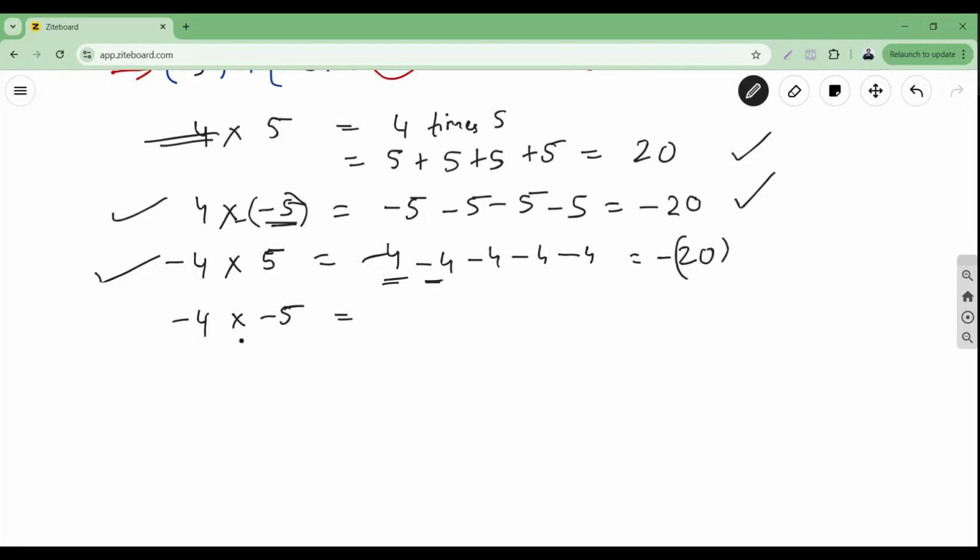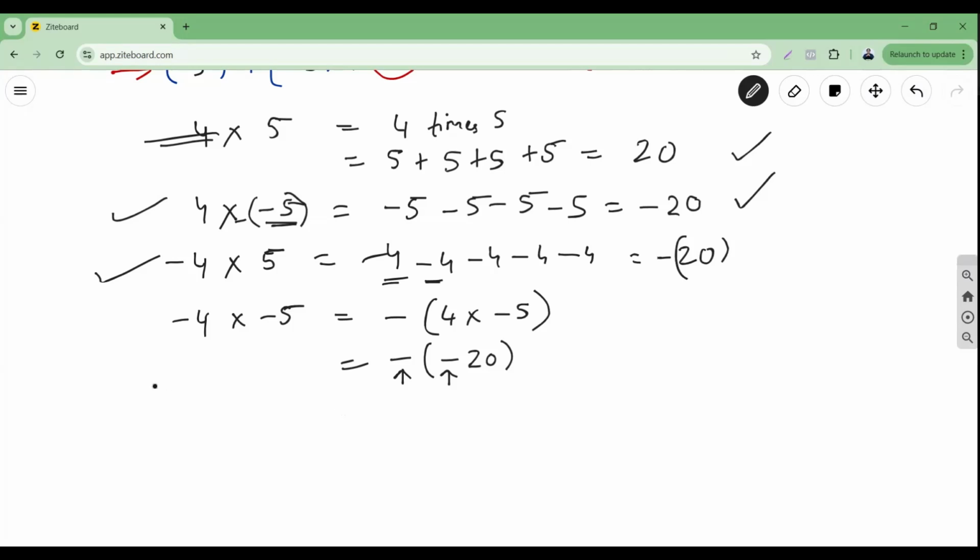So I'm just keeping the negative outside. -4 times -5 is the same as multiplying 4 times -5 and taking a negative of it. Now, we know that 4 times -5, from the previous line, is -20. So what happens to negative of a negative? Negative of a negative means it becomes positive.